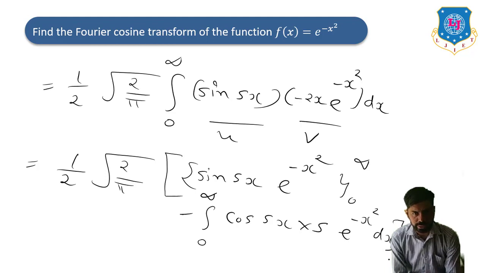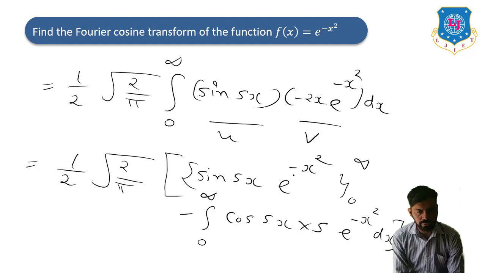Okay, now here first of all we will apply the upper limit. So here if we replace x by infinite, this will become e raised to minus infinite, and the value of e raised to minus infinite is 0. So here the answer for the upper limit will be 0. Now for the lower limit we will replace x by 0. So here sine 0, and the value of sine 0 is 0. So the answer for the lower limit will be 0 in this case.